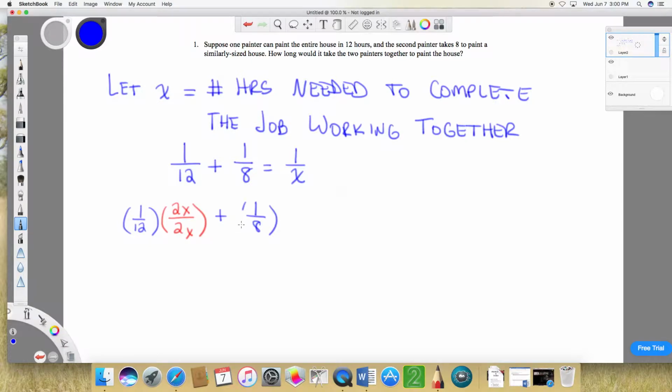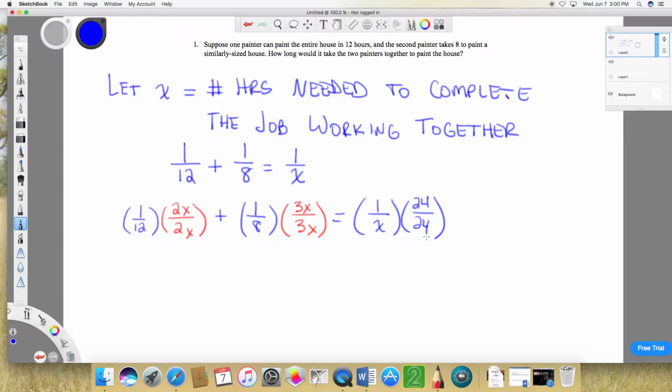The whole reason that we did that skill prior to doing these work problems is so that you knew how to solve rational equations by the time we got to these word problems. So we've got 3x over 3x and 24 over 24. So now every term has the same denominator.